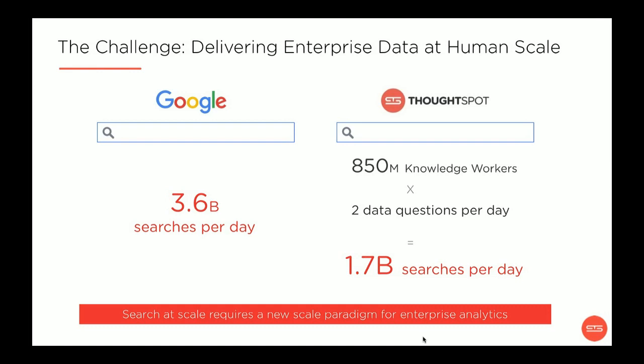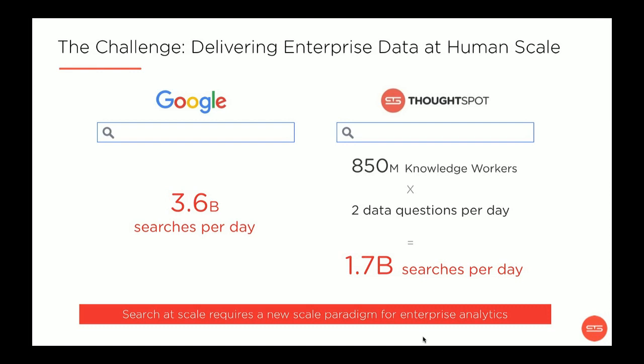This is why with ThoughtSpot, we're taking a different approach, a Google-like search-driven approach to analytics. If you think about the scale at which Google operates today, all of us use Google, and there are up to about 4 billion searches executed on Google today.